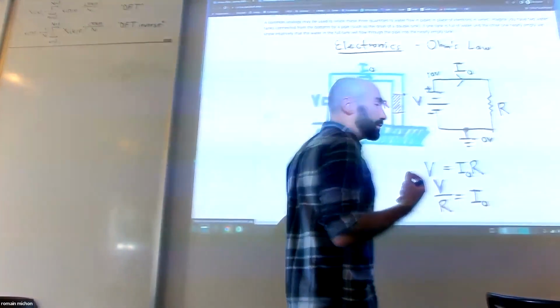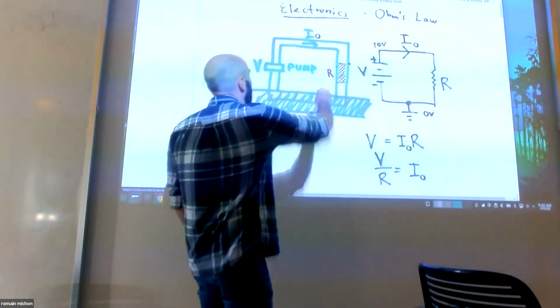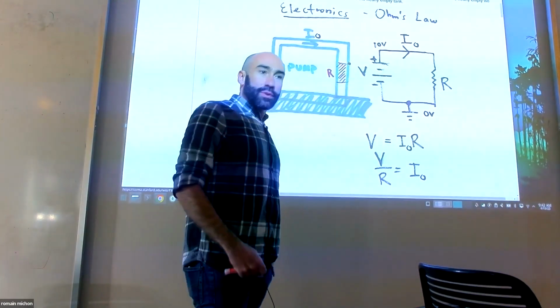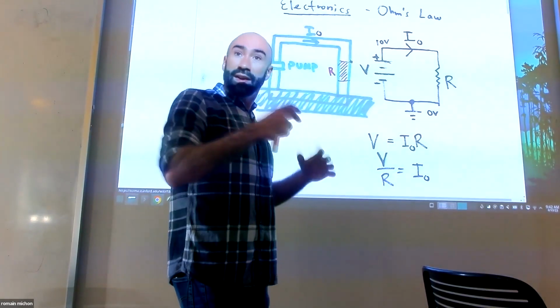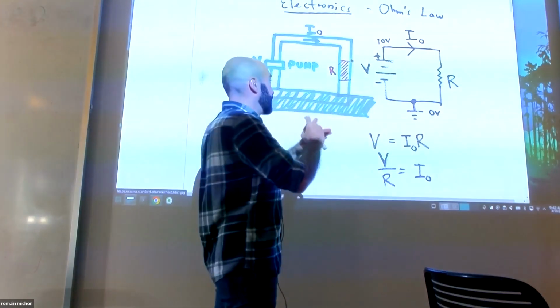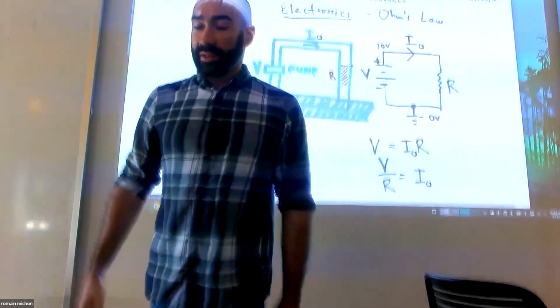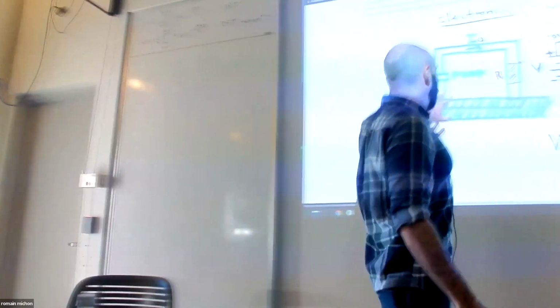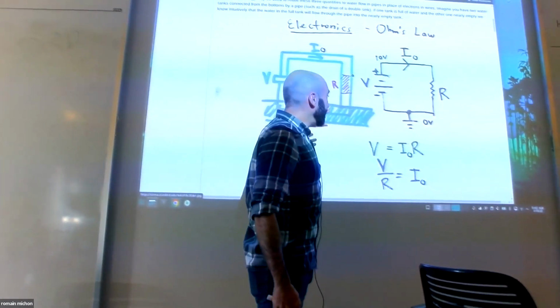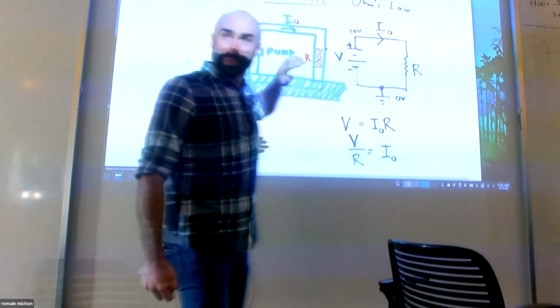So basically one way to put a resistor in this circuit would be to put some kind of washer or something like this in the pipe that would basically diminish the diameter of the pipe. So that's one big difference between the pipe and the water and the electronic circuit and the electrons.